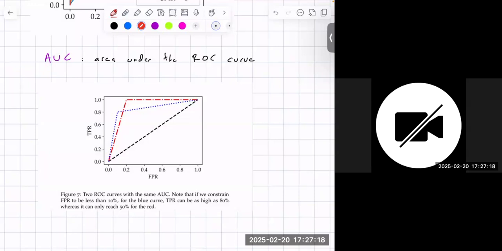So suppose your false positive rate is less than 10%, which is that one here. When you look, this guy goes true positive at most like that 5 or so. This one goes till like that 8. This blue curve, if your false positive rate is small, is much better than the red one. Yeah. Questions?